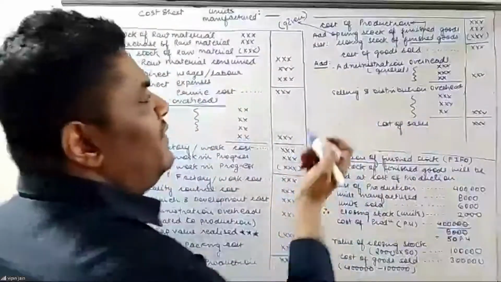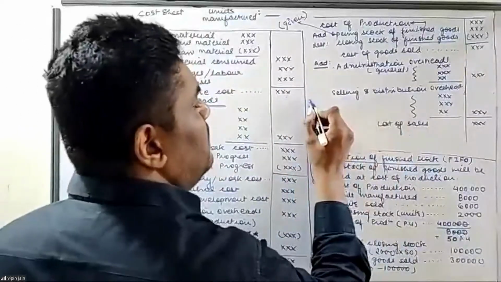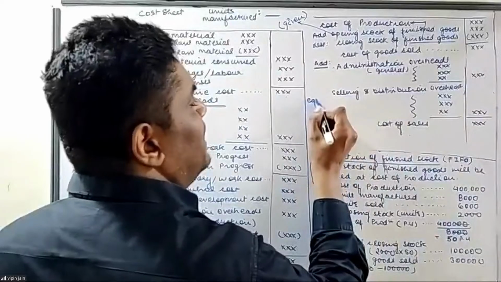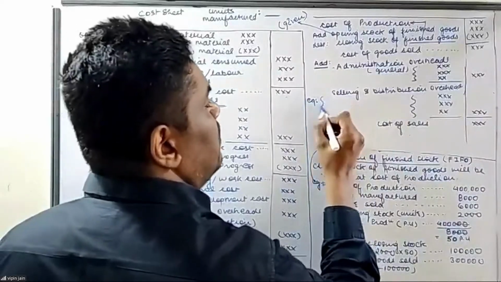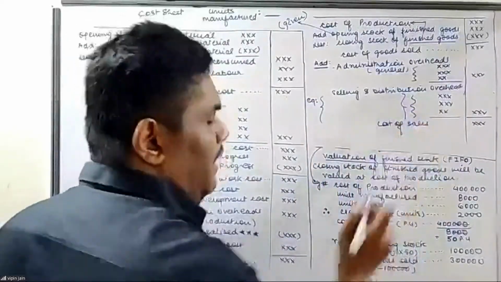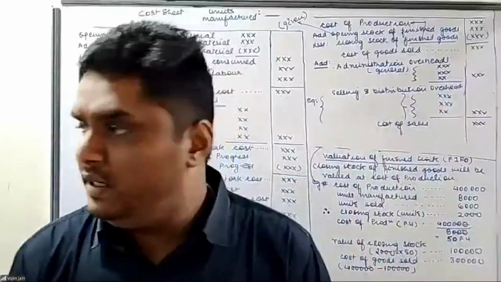So herein, we can say carriage outward will also come. I'm writing a few examples for your reference. I'll write down with black marker for better understanding.